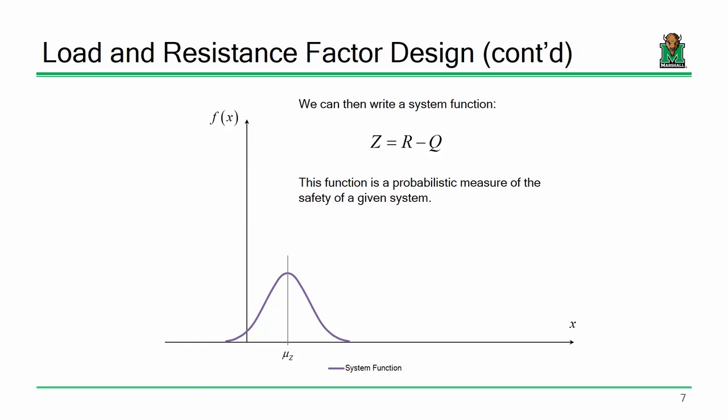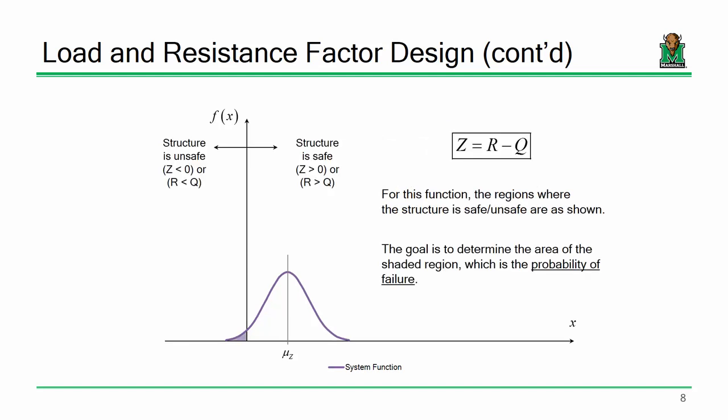Okay? Now, this one gives us a nice little measure of the safety of the system, because think about what happens. Just look at this mathematical expression. Let's keep it simple. Anything on this side of the axis is any value where Z is greater than 0, right? Anything over here is anything where Z is less than 0.